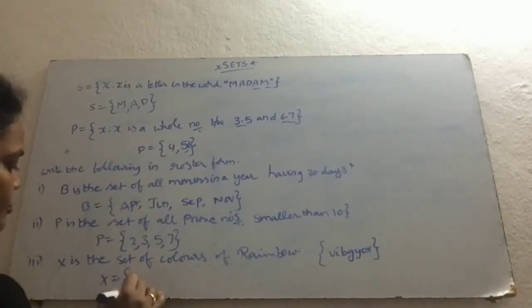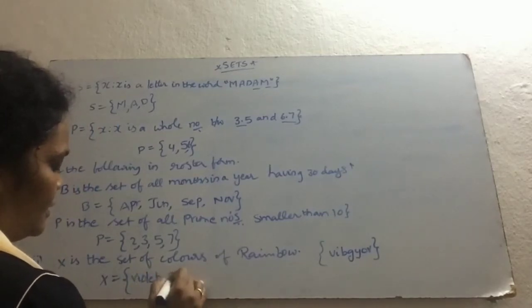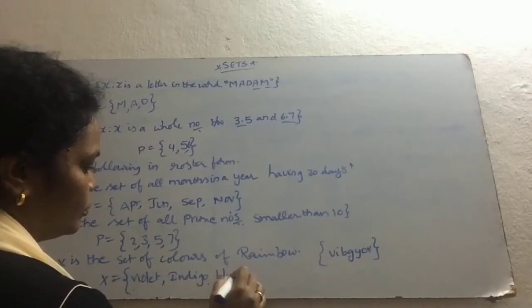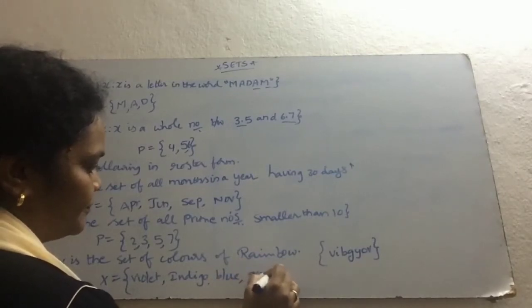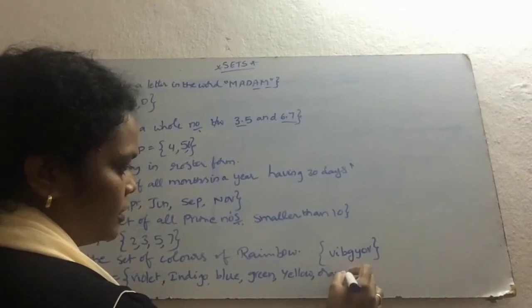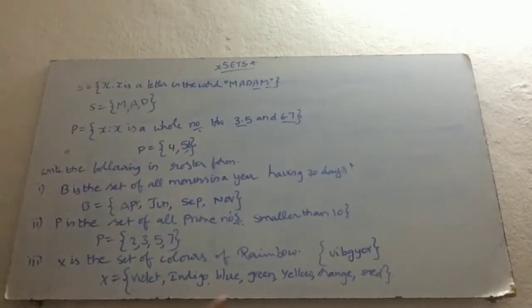So X is equal to violet, indigo, blue, green, yellow, orange and red. So these are the colors in the rainbow.